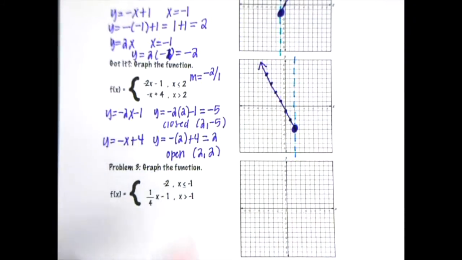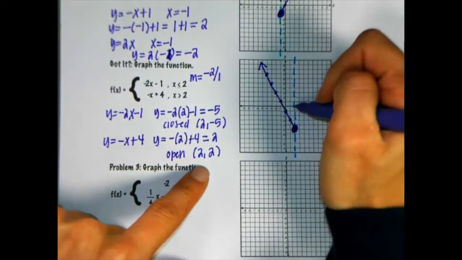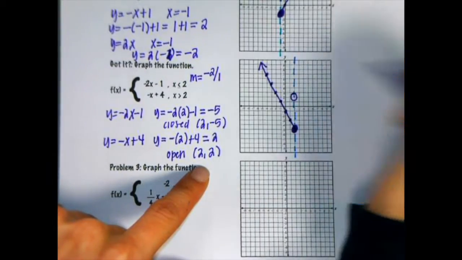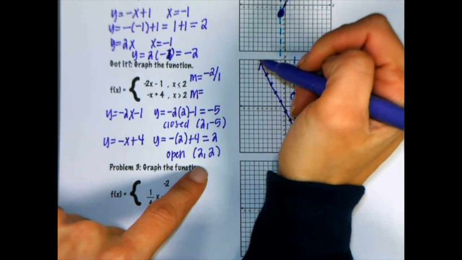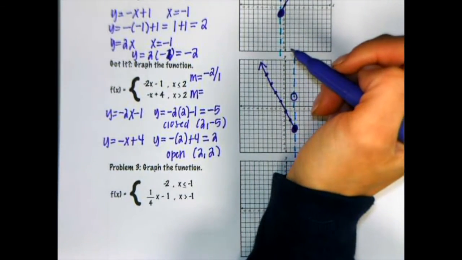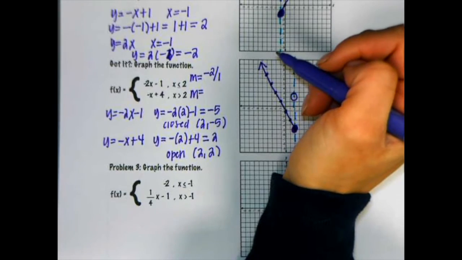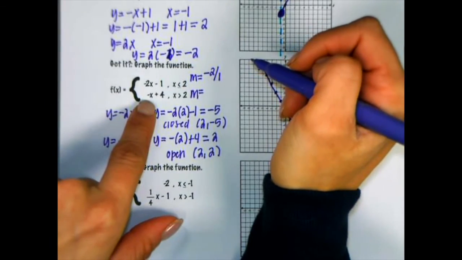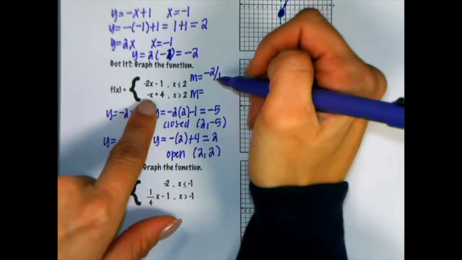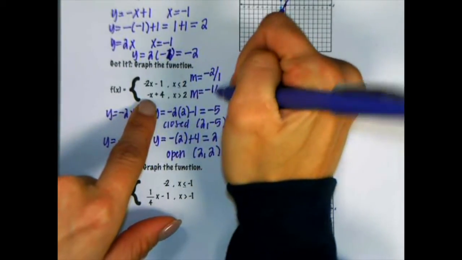Okay, and then the second line is open at 2, 2. And what's my slope of this line? Guys, more people should be able to tell me the slope of this. -1, yep.